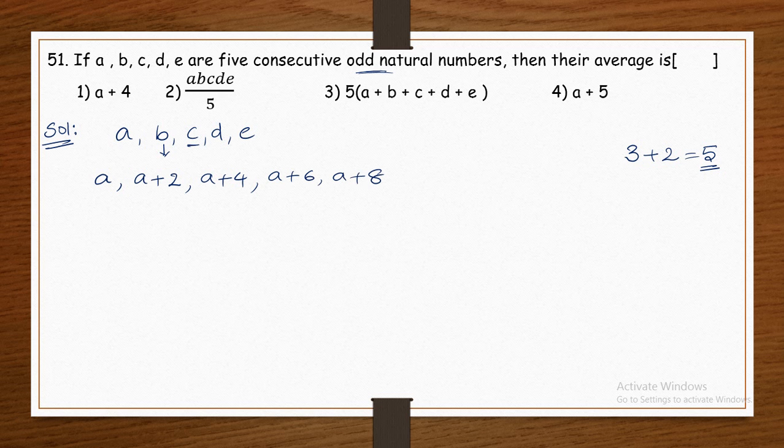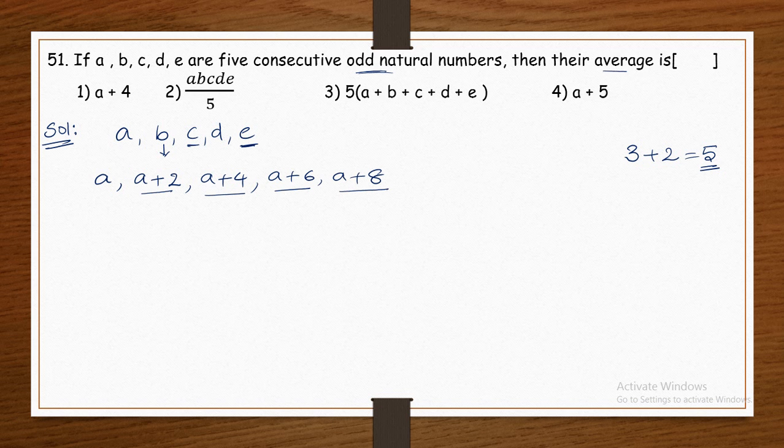So B I can write as A plus 2, C as A plus 4, D as A plus 6 and E as A plus 8. In the reverse order also we can come. If I consider E as the last odd natural number, then by subtracting 2 from each one we are going to get all these things.